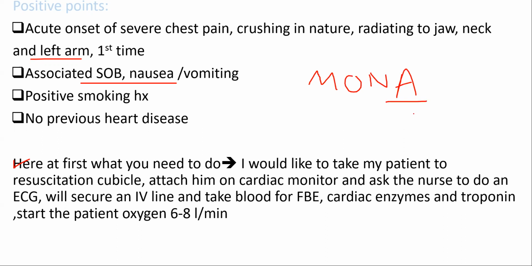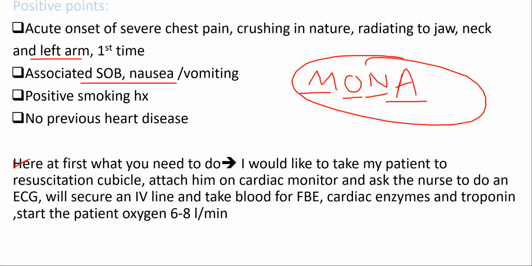So MONA first is morphine, oxygen by mask 6 to 8 liters per minute, nitroglycerin, which you can give sublingually, and aspirin 300 milligrams orally. That's usually the treatment at first. Once you do the MONA, you also call the cath lab to send the patient for emergency coronary catheterization to find out how much blockage there is and to put a stent inside. We'll come to that in just a bit.